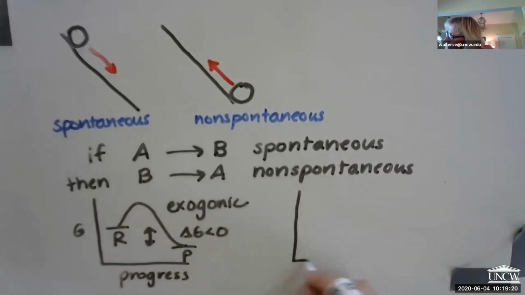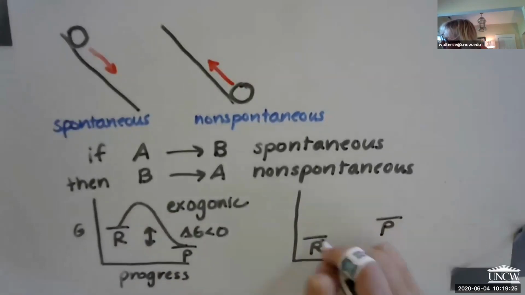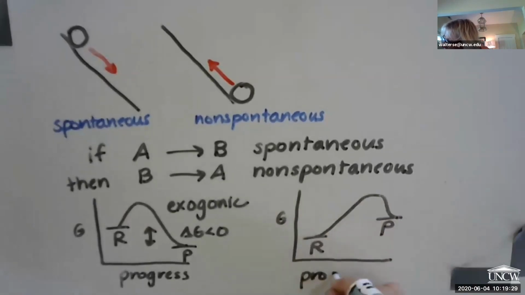If you have to do work to get them to proceed, they're called endergonic.